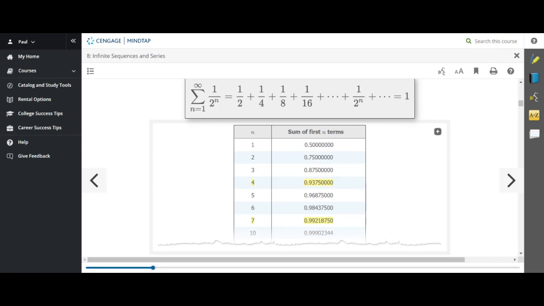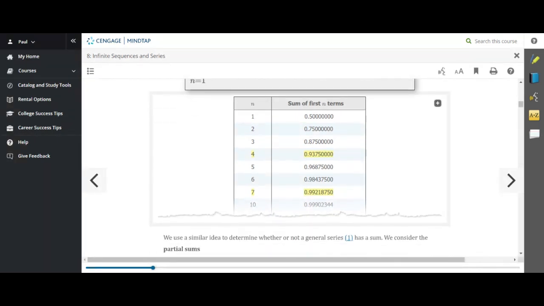So you see, we can study what these partial sums on the right side of the table do. We can look at what's called the sequence of partial sums. And this is formally how we establish if a series converges or diverges. We look at its sequence of partial sums. And based on this sequence of partial sums, what do the partial sums on the right appear to be approaching?